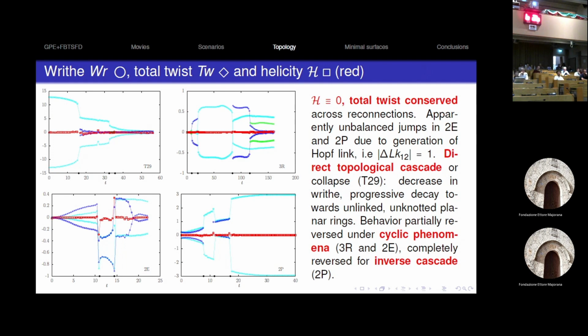As I was saying, writhe is going down as a signature of relaxation towards unlinked rings.